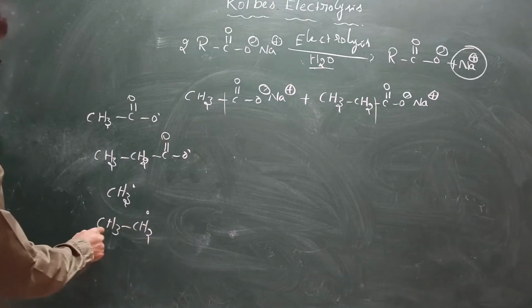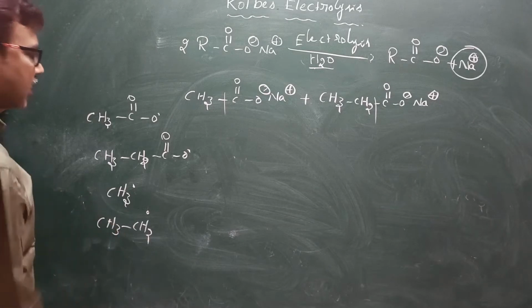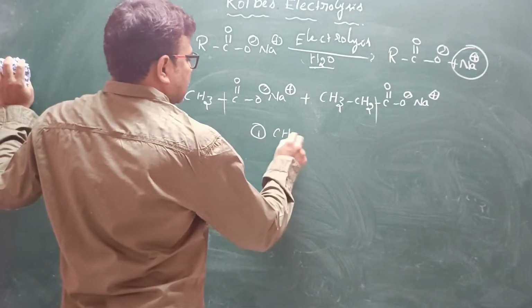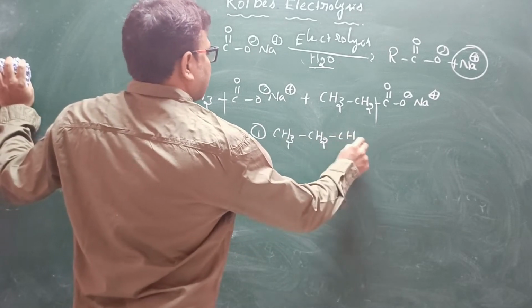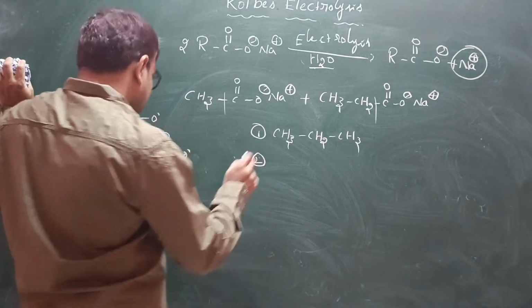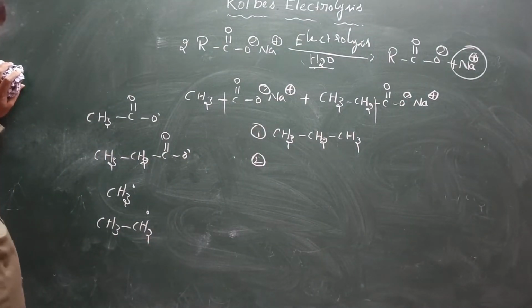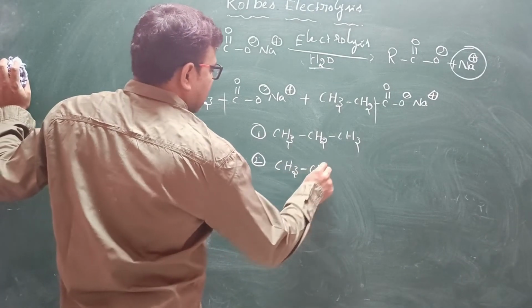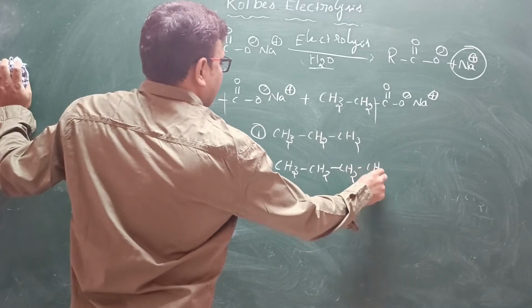So first, CH3CH2 free radical combined with CH3 free radical. The first product is CH3CH2CH3, propane. Another one, CH3CH2 free radical combined with another CH3CH2 free radical to give butane, CH3CH2CH2CH3.